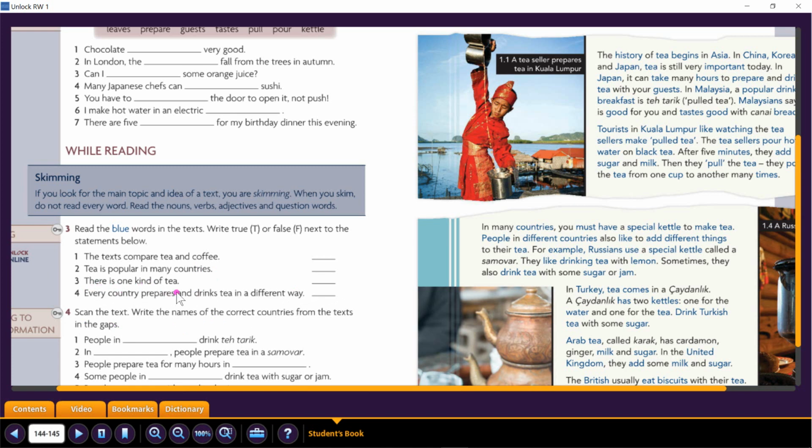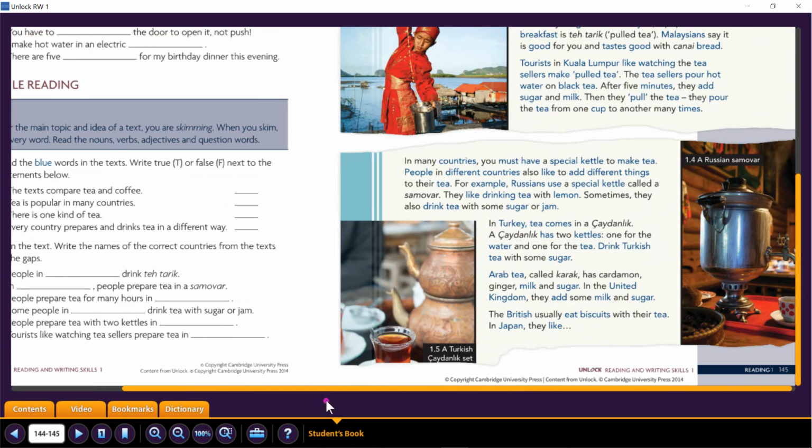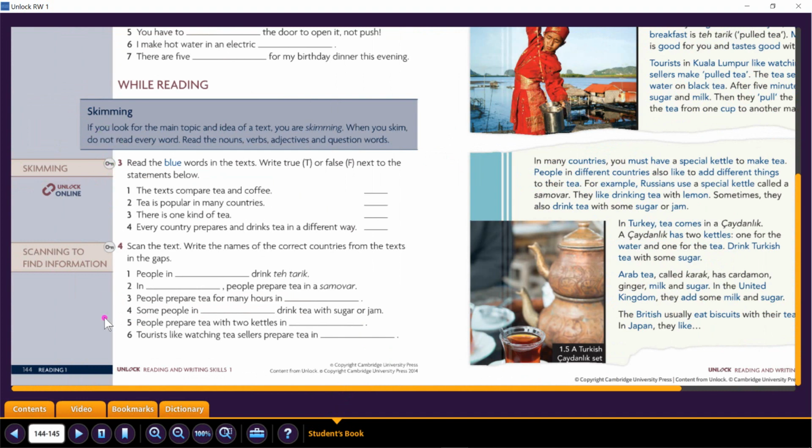There is one kind of tea. And finally, every country prepares and drinks tea in a different way. Please, ladies, take, let's say, 10 minutes maximum to read the text in order to answer this task number 3, and then you can, if you want, skim and scan the text to write the names of the correct countries from the texts in the gaps.